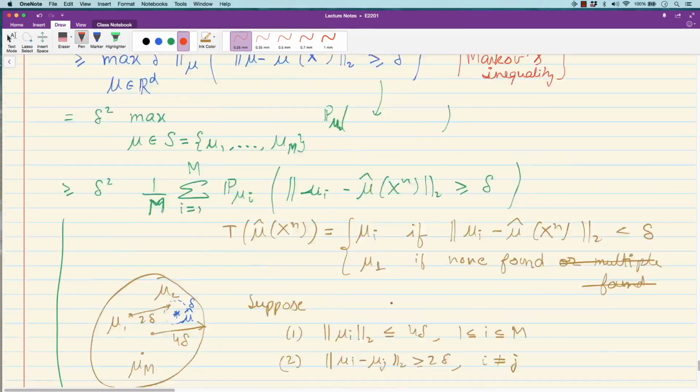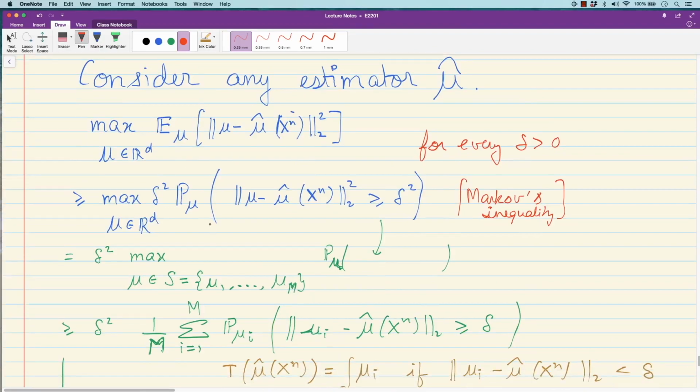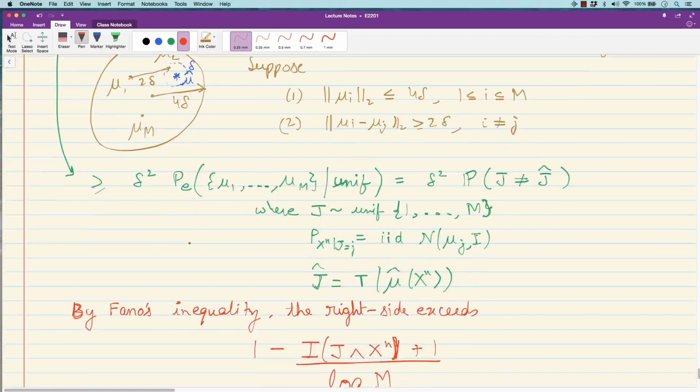Okay, so what is the combined bound here? We started with this and we have this lower bound now.